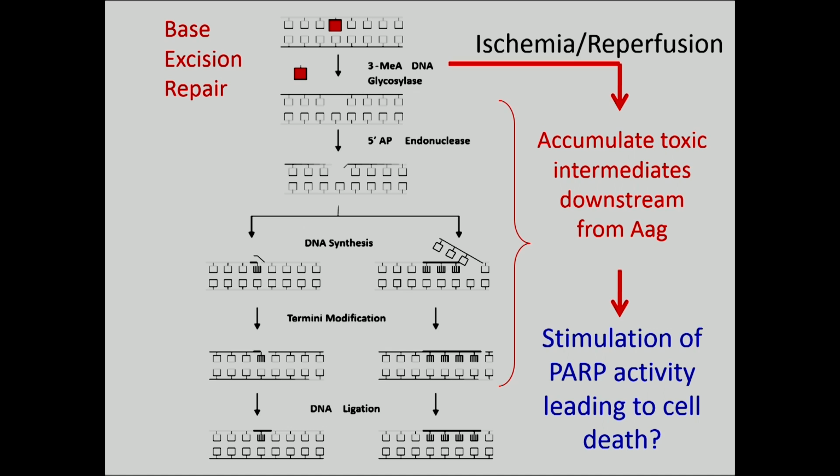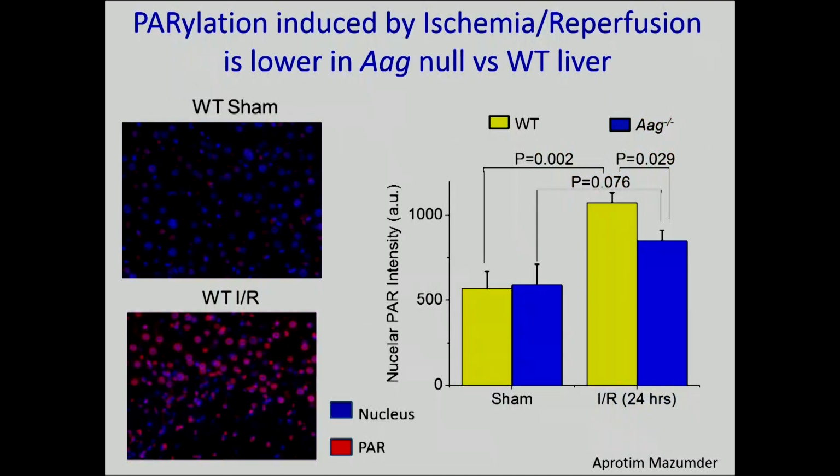So, given what we'd seen for alkylation, we asked whether in this ischemia reperfusion situation we have, again, accumulation of toxic intermediates that would stimulate PARP activity leading to cell death. And indeed, if we look at PARP activity in the red here, we see more induction of PARP, poly-ADP ribose in the nucleus, compared to the repair deficient.